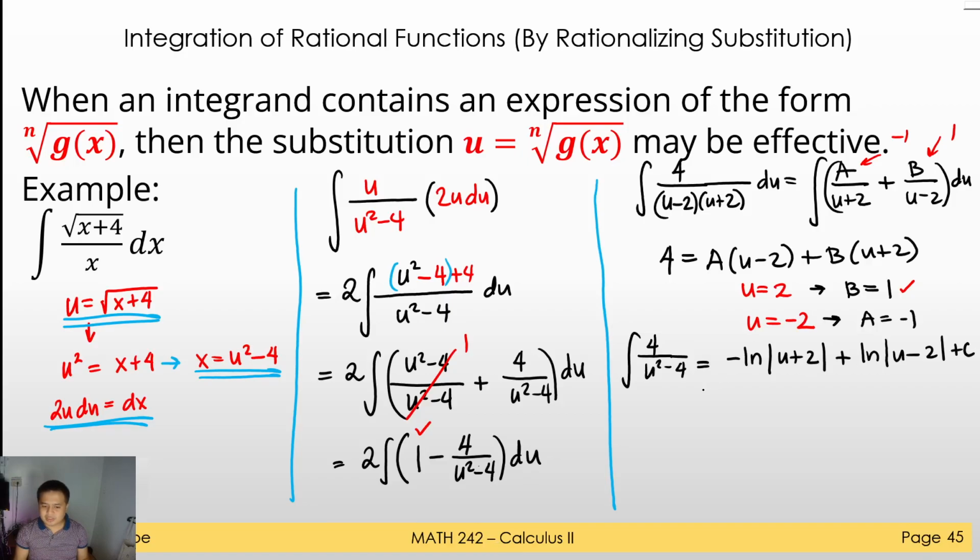Or you can simplify this to ln of u minus 2 over u plus 2, knowing the properties of logarithmic functions, plus c. So for solving this, let's go back again. The answer here will be 2 times u minus ln of u minus 2 over u plus 2.